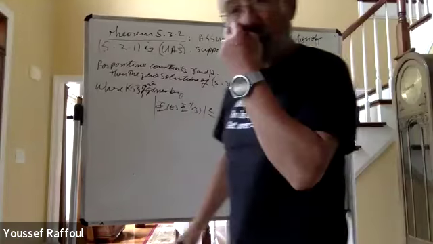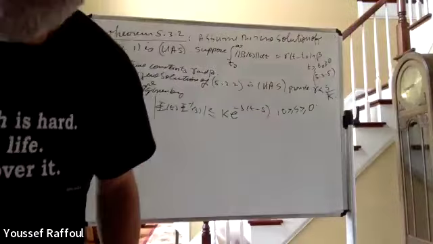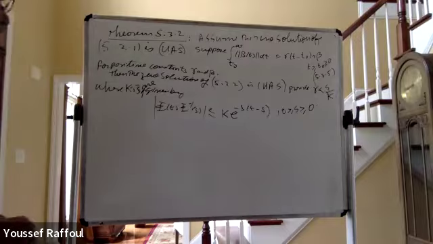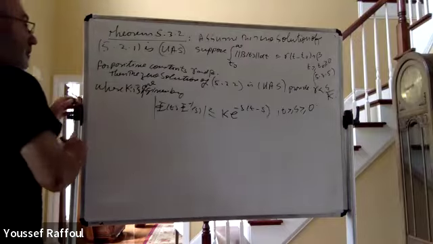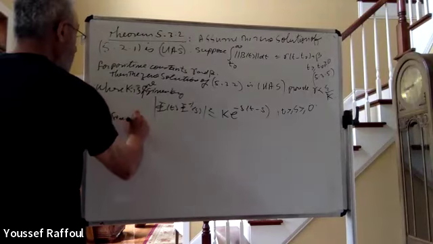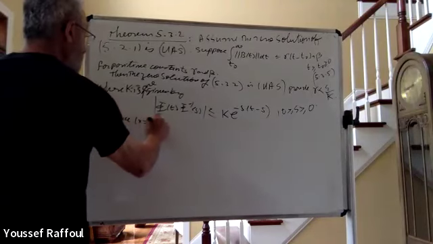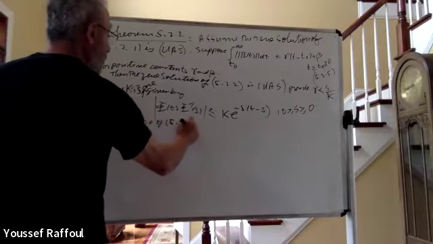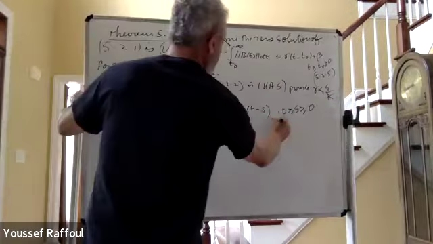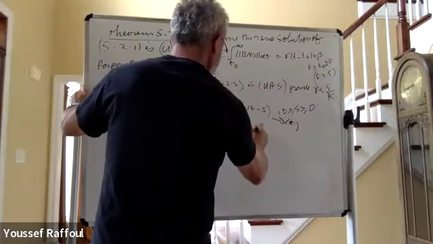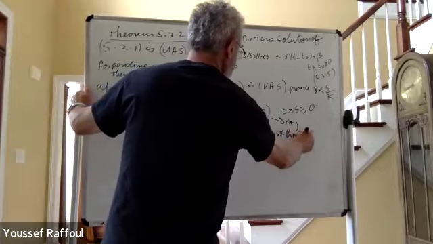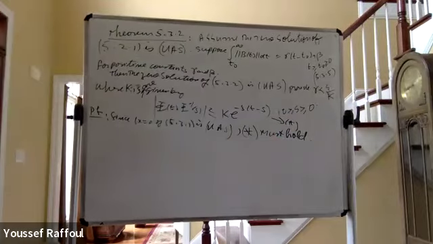This is where it's coming from. Proof: since x equals 0 of 5.3.1 is uniformly asymptotically stable, the star must hold.